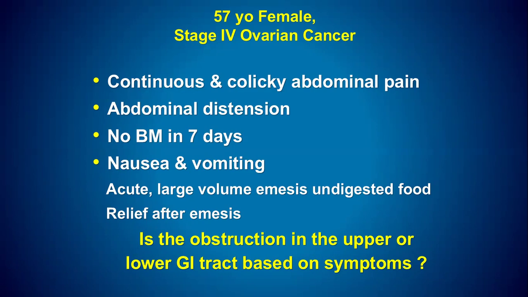Ma'am, it's acute large volume emesis, undigested food, so upper GI. Yeah. So it is the nature of the vomitus. In lower GI obstruction, it will not be a large volume, it will be a small volume with fecal matter sometimes present. Okay, next slide, please.